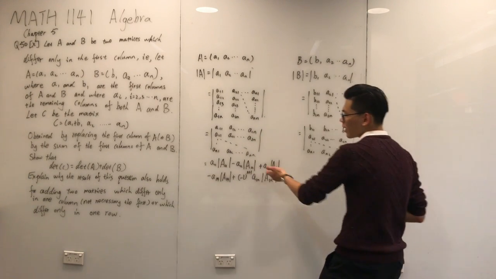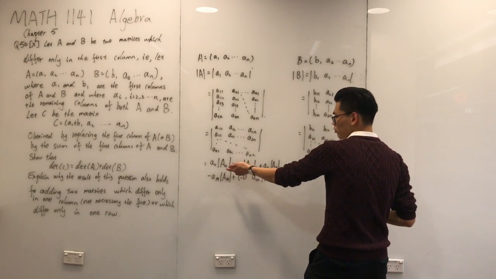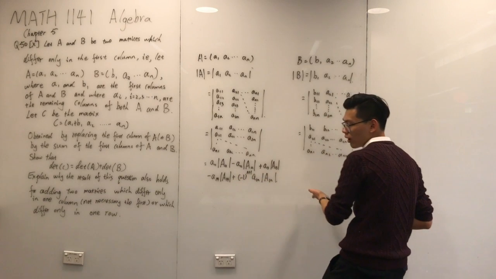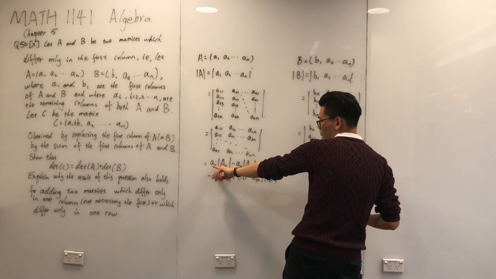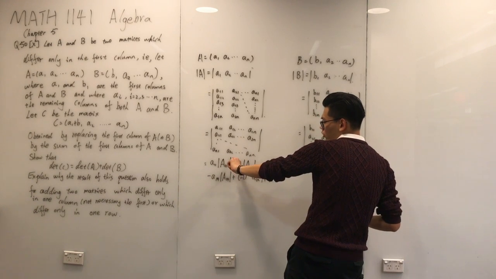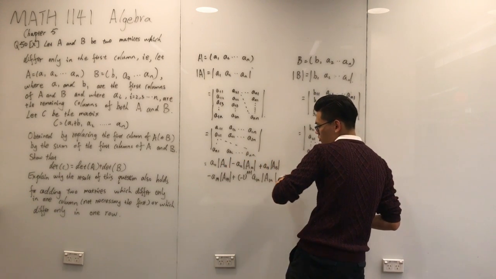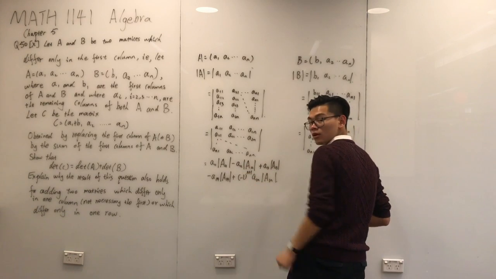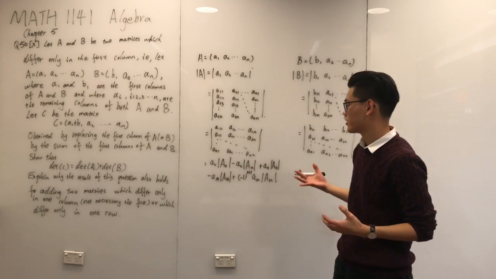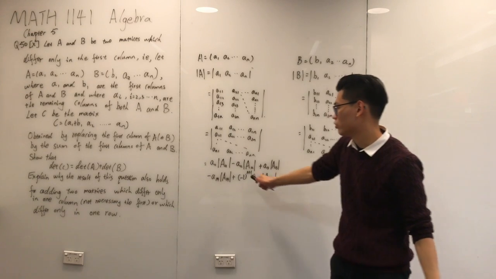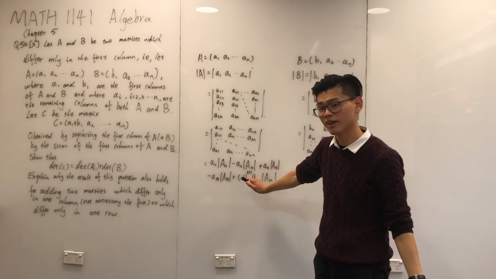Right. You can see the pattern here: 1,1, 1,2, 1,3, 1,4 to 1,n, and plus minus, right? So for 2 we're going to have minus, for 3 we're going to have plus, so we're going to have the power of n plus 1, right? I think you guys can see a pattern here, right? If you got an even number here, you are going to have minus.